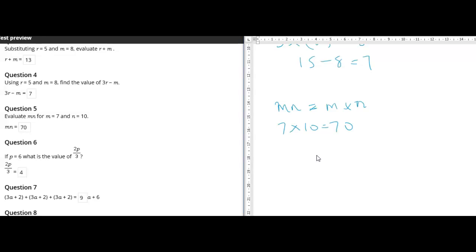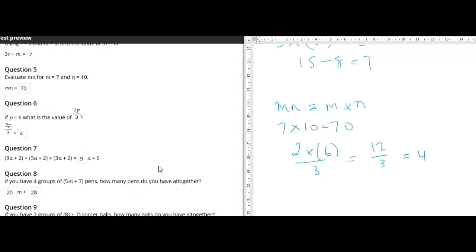Question 6, if p equals 6, what is the value of 2p divided by 3? So we've got 2 times p, so p being 6, divided by 3. So 2 times 6 is 12, divided by 3, and your answer is 4.